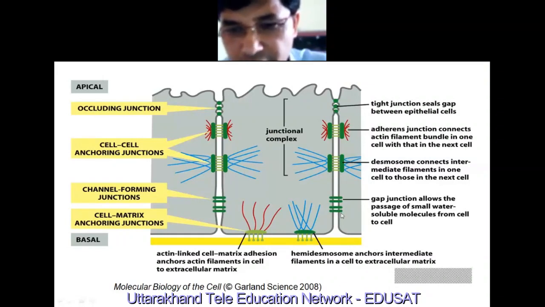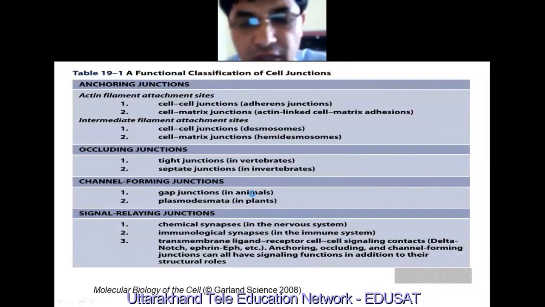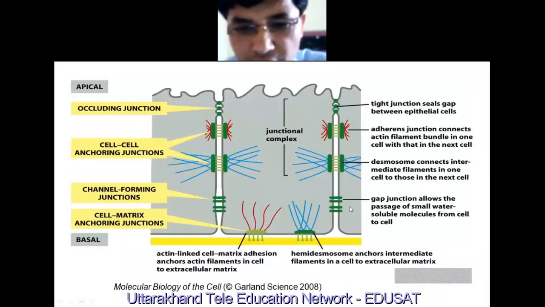Now you will see here, these are the gap junctions. Gap junction is an example of channel forming junctions. Gap junctions allow passage of small water soluble molecules. This is very important.